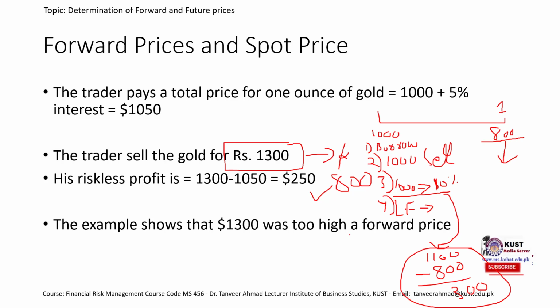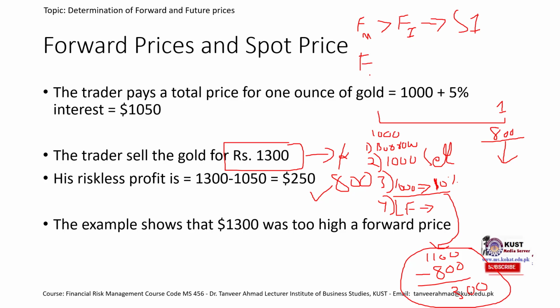So the idea is that if the forward price in the market is higher than the price that it should be, which we call the intrinsic price, then using the first strategy that we discussed, strategy 1, the investor can earn the arbitrage profit.